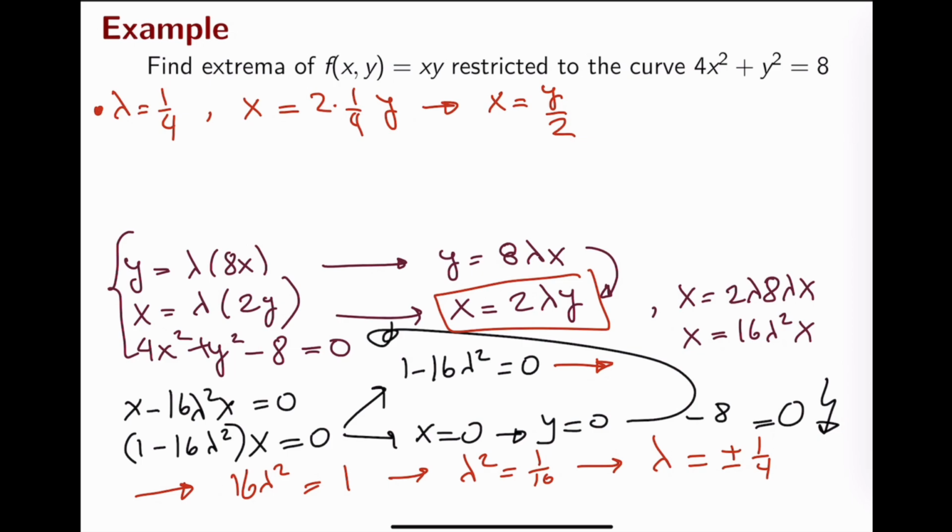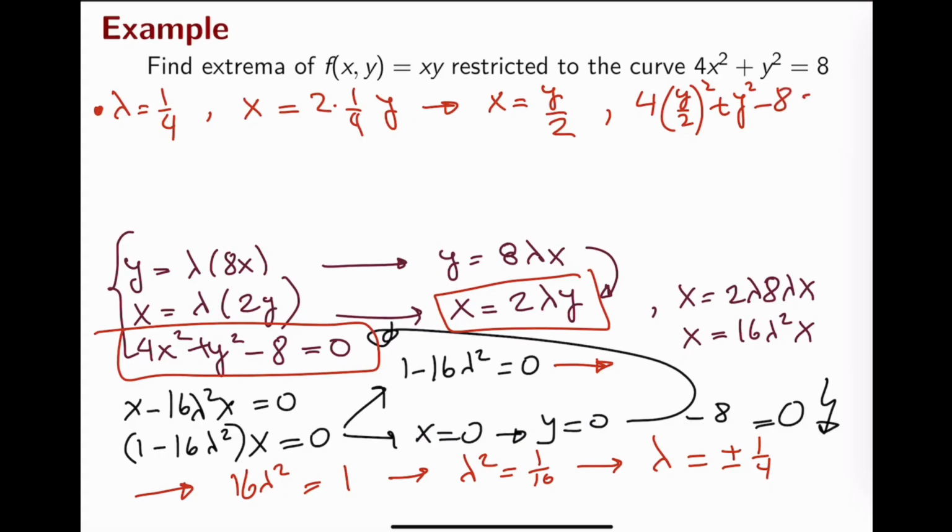And then we substitute in the third of the equations and we get x squared, but x is y over 2 now, squared plus y squared minus 8 equals 0. So doing the operations here, we get y squared over 4 plus y squared equal 8. And so we have that 2y squared equal 8, y squared equal 4, and y equals plus minus 2.